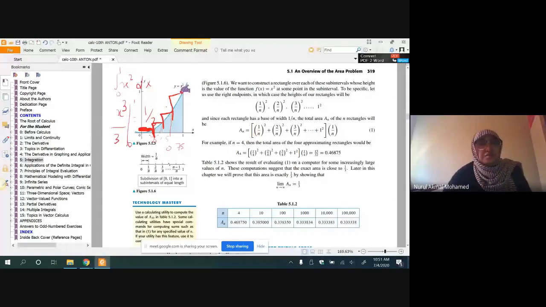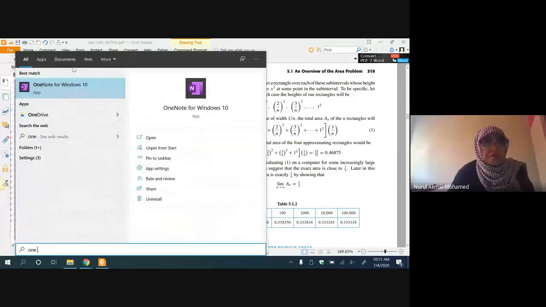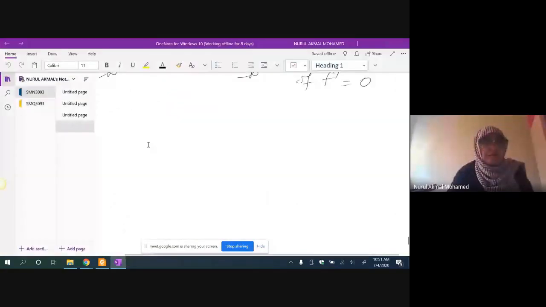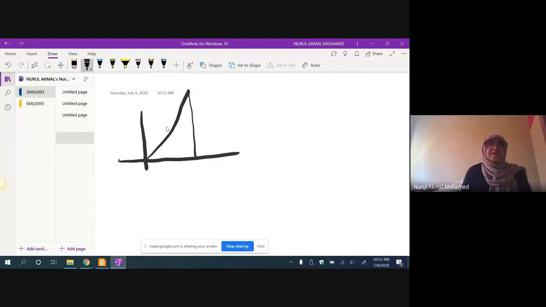We can also define the approximation of the area by using the left hand side of the point.